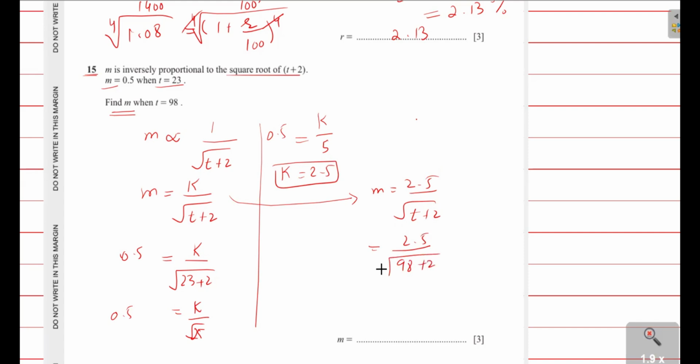We write 2.5 over the square root of 98 plus 2. Therefore, this value is equal to 2.5 over the square root of 100, and the square root of 100 is 10. We can write this as 0.25. This is the value of m.